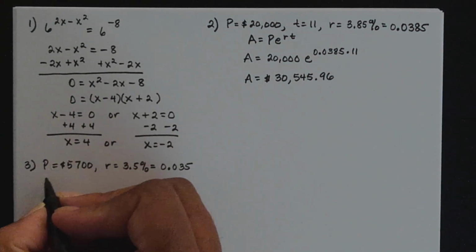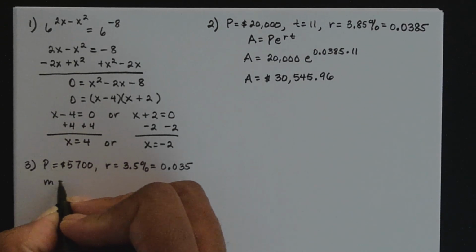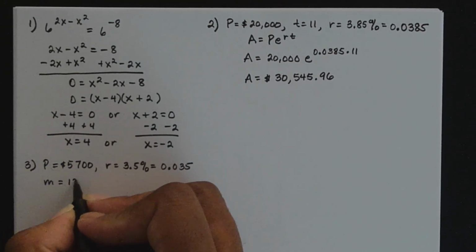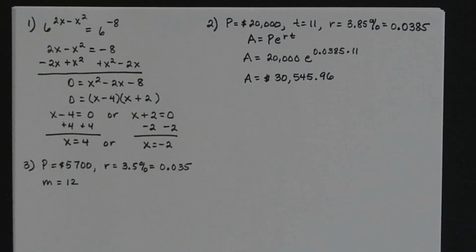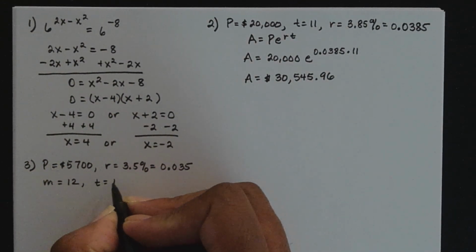And it's compounded monthly, so that means we're using m in this formula. It's compounding monthly, that means that there are 12 compoundings in a year. So m would be equal to 12. And we're dealing with 19 years, so t would be 19.